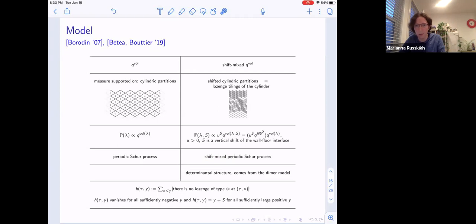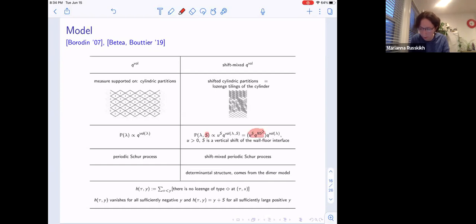One way you can view this is you have a q to the volume distributed cylindric partition, and you also have an integer valued random variable, distributed in something like this.